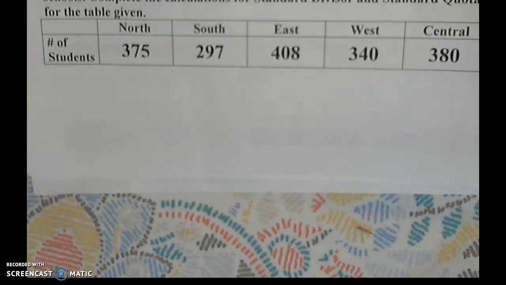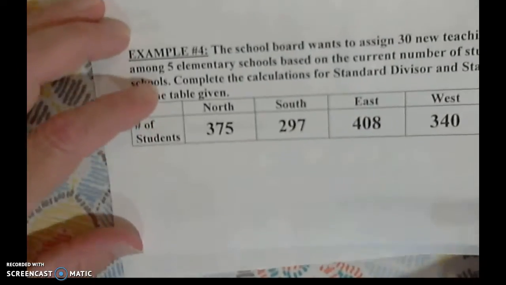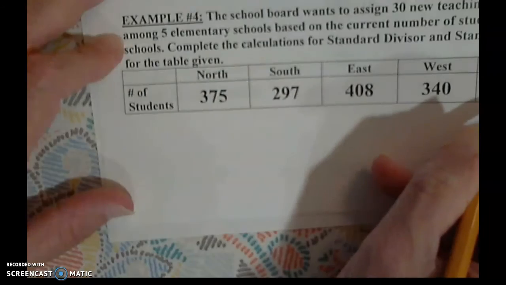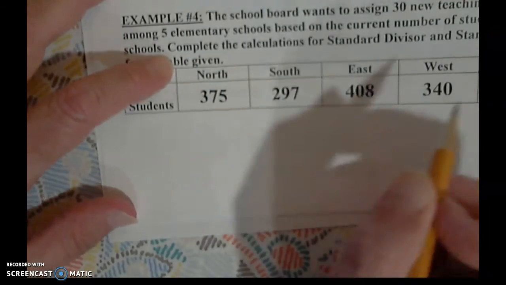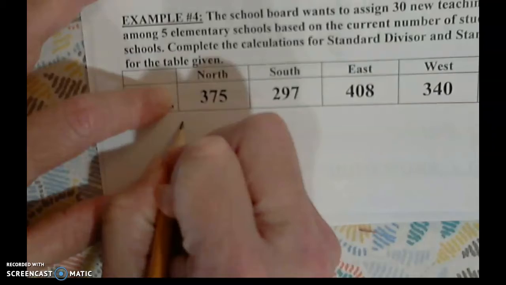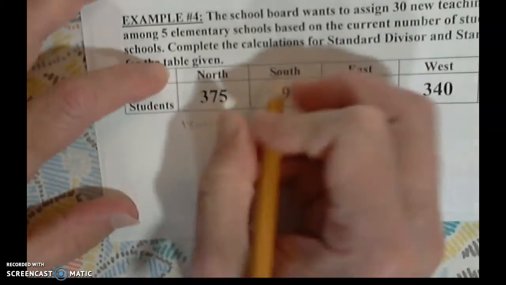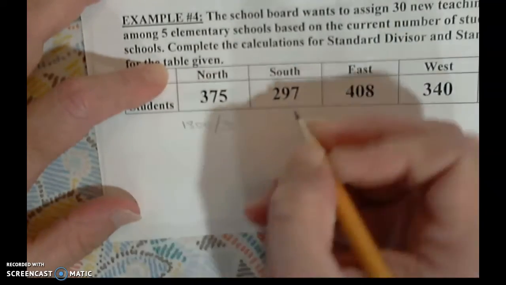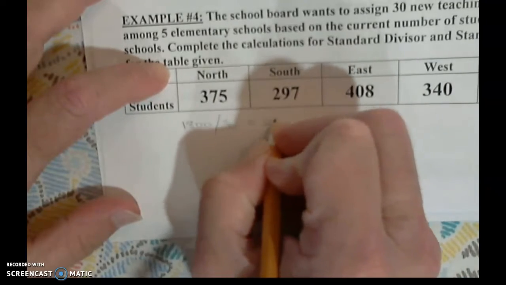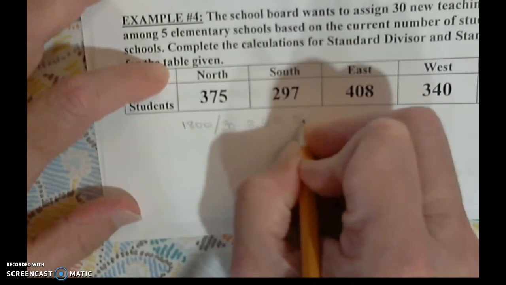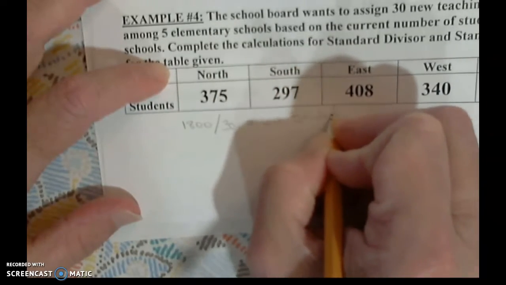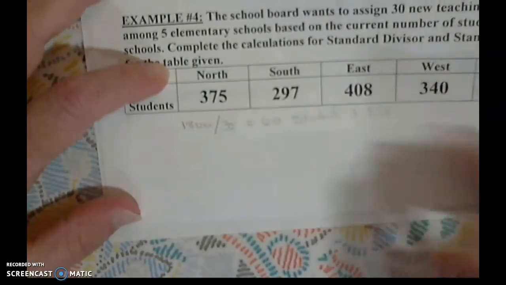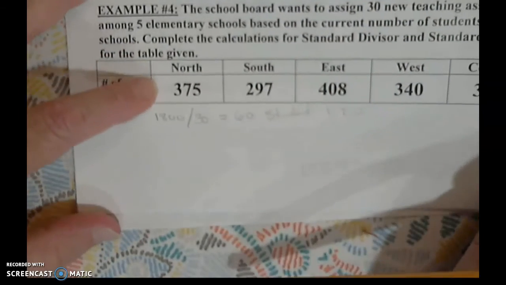Okay, we got to find our standard divisor. So if you add all these together, you're going to get 1800. So we have 1800, and we're going to divide that by, we have 30 teaching assistants, and so that's going to be 60 students is basically one teaching assistant. Okay.